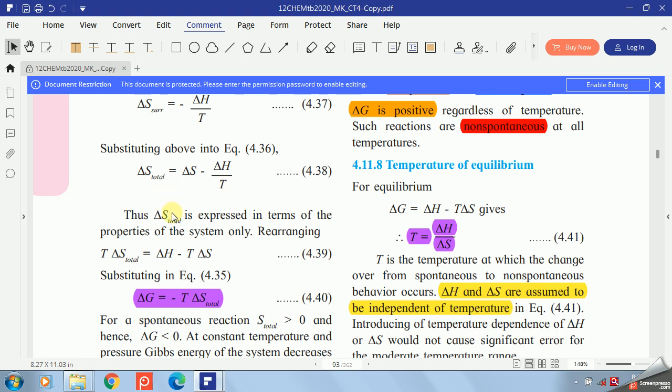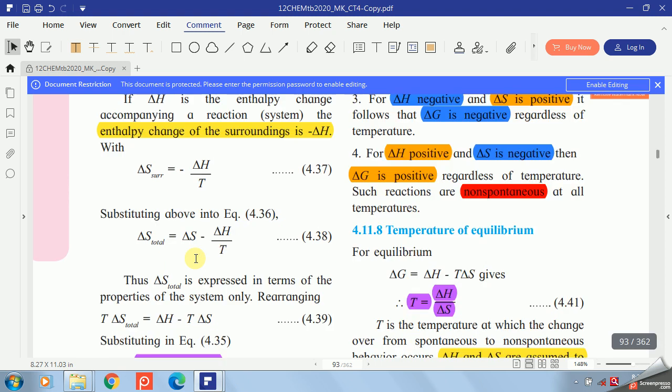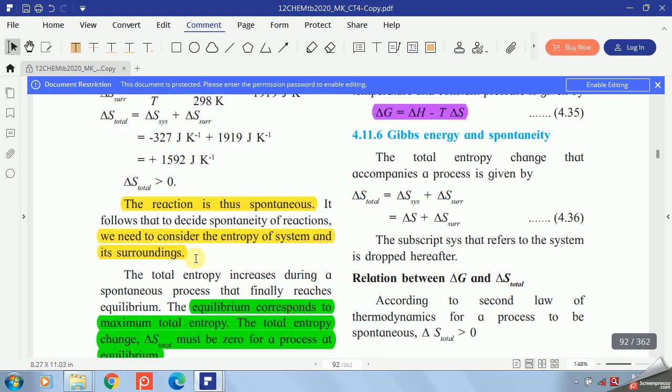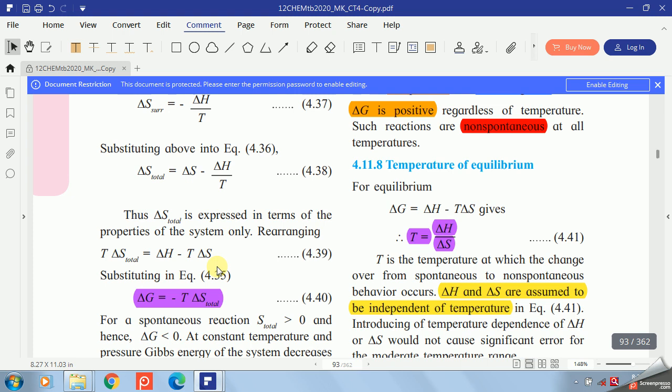If we substitute this value in 4.35, delta H minus T delta S is equal to delta G.